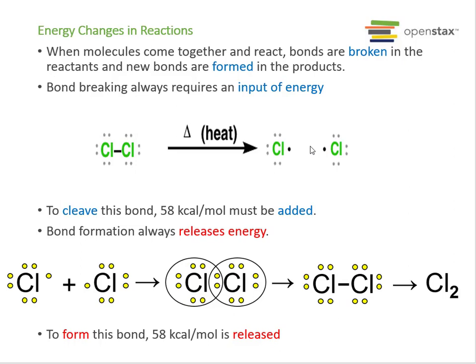So when we think about energy changes that happen in reactions, we really need to think about what chemistry is and how bonds break and form. The heart of chemistry is that in order for molecules to come together and react, there needs to be collisions.